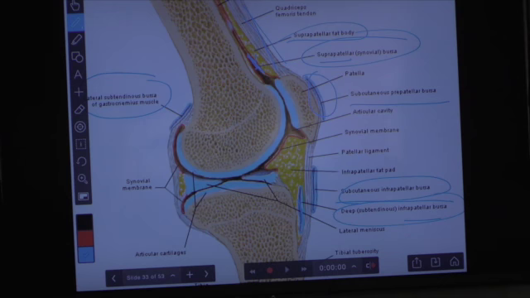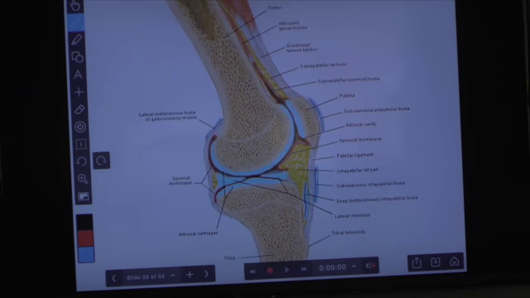Below the tendon, the patella tendon, is subcutaneous infrapatellar bursa. Deep to the patella is the suprapatellar synovial bursa. And underneath is deep infrapatellar bursa. All right. We will then go back to the fibula and the tibia.